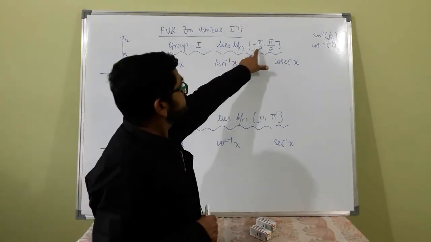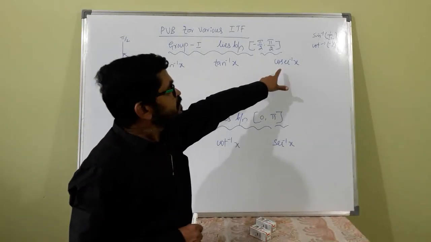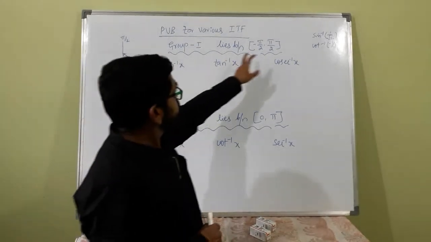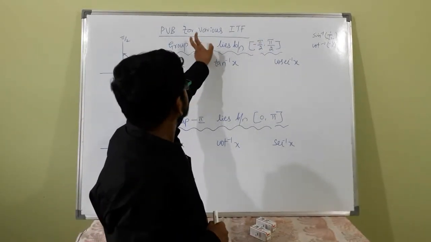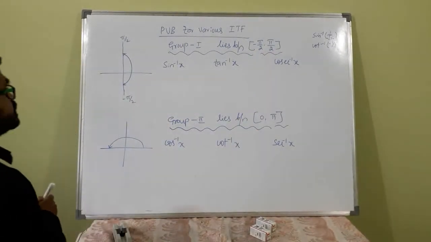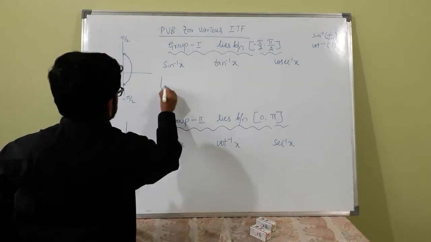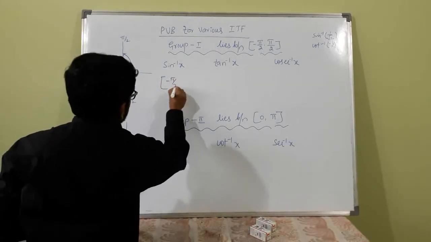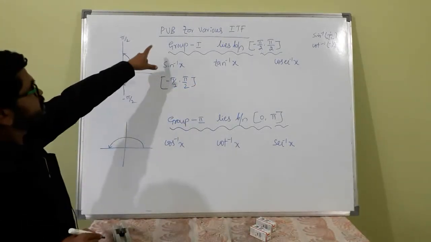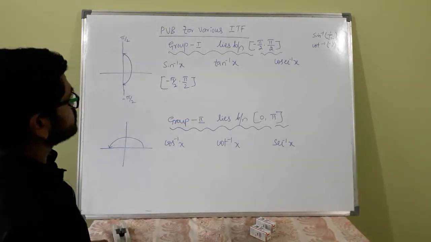In this group, sine inverse x, tan inverse x, and cosecant inverse x belong to the principal value branch of minus π/2 to π/2. Principal value for sine inverse is minus π/2 to π/2.